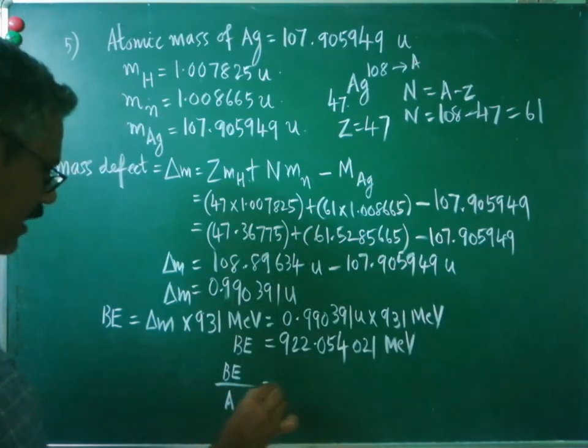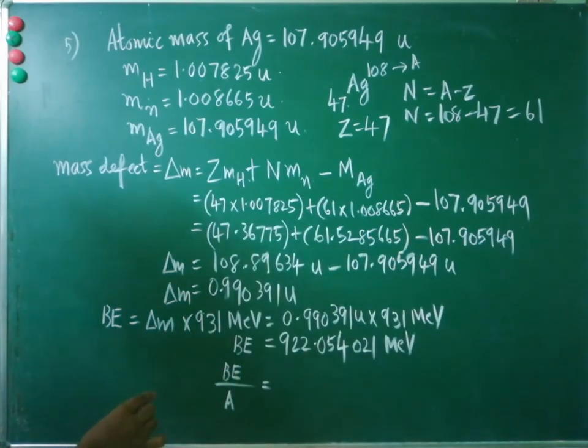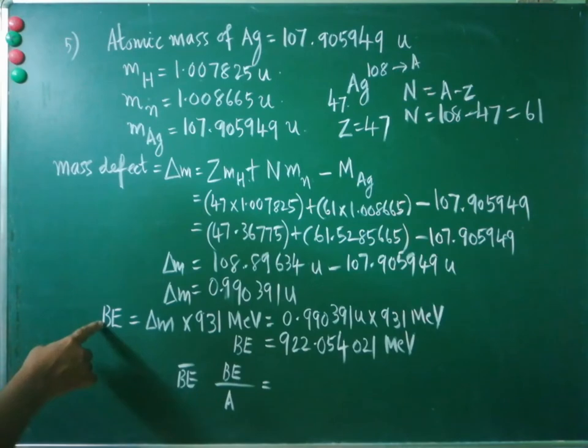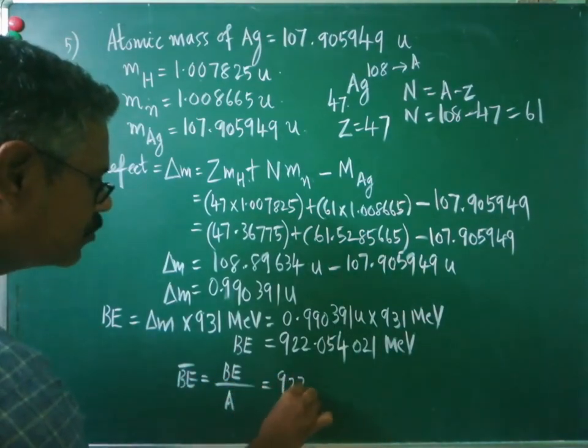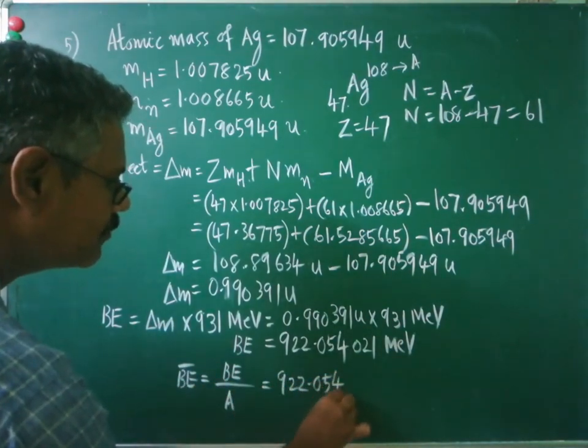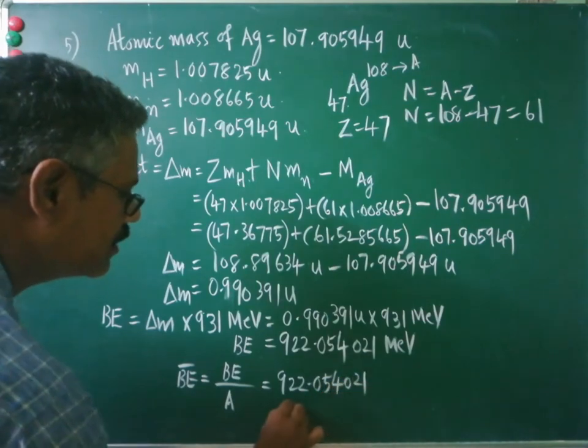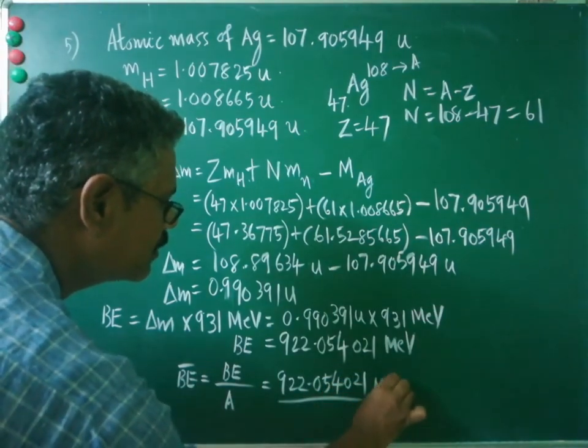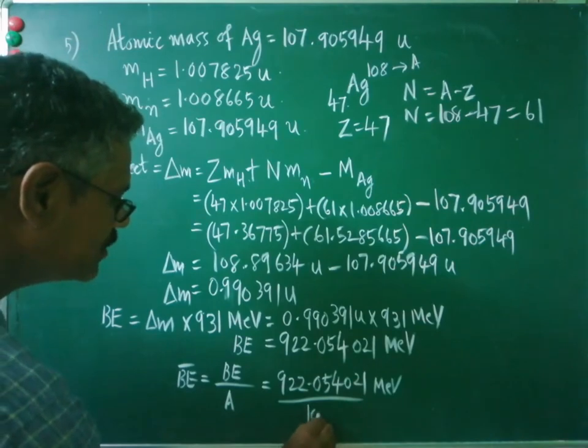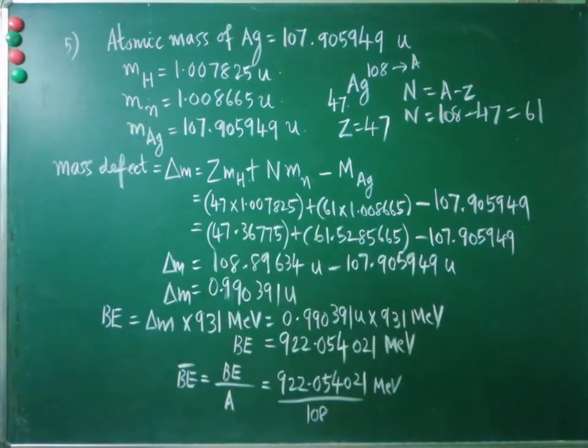Now I am going to write B_E by A, which can be written as B bar. This is called binding energy per nucleon. Substitute 922.054021 million electron volt divided by how much? 108, that is the mass number.